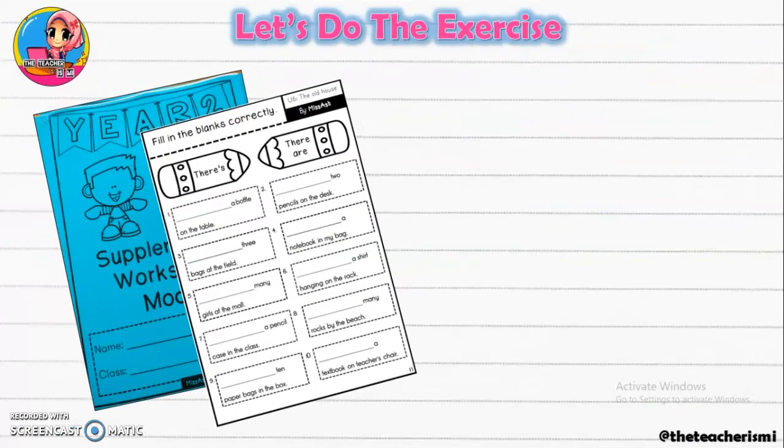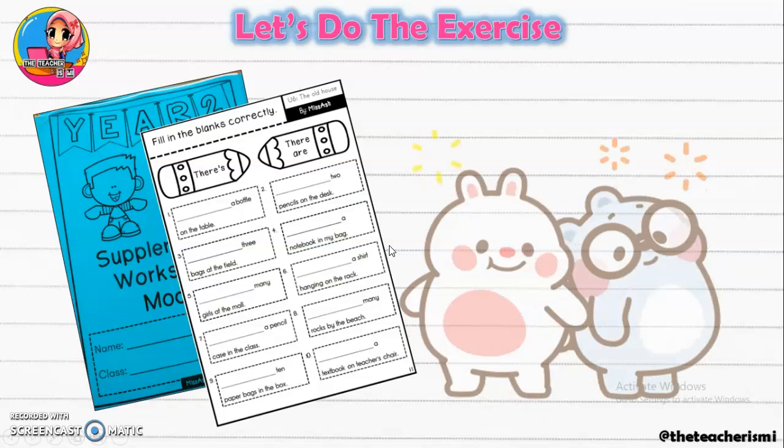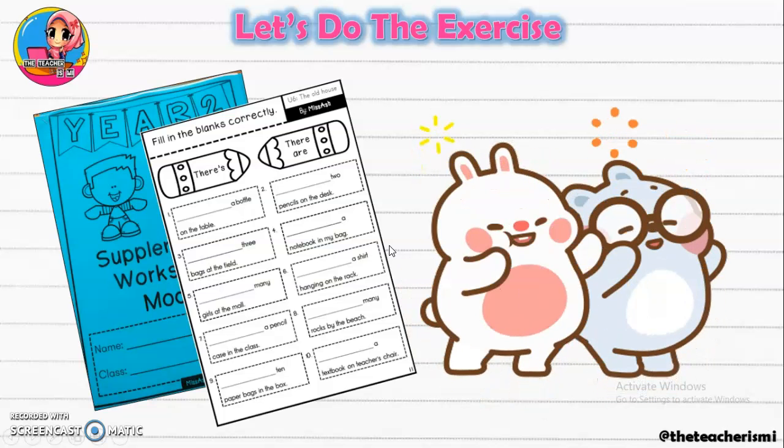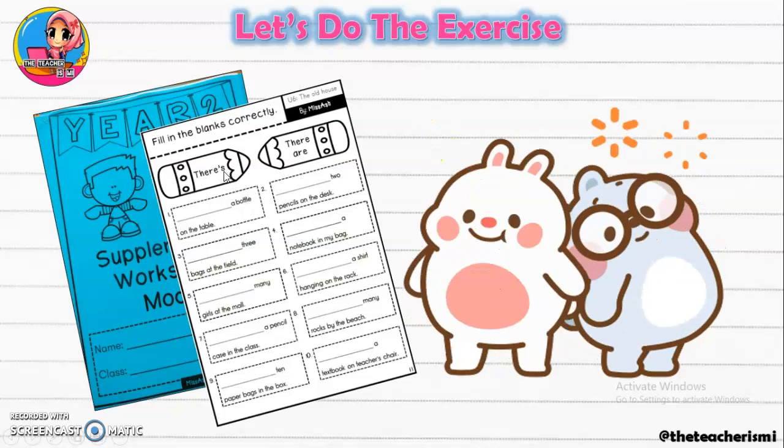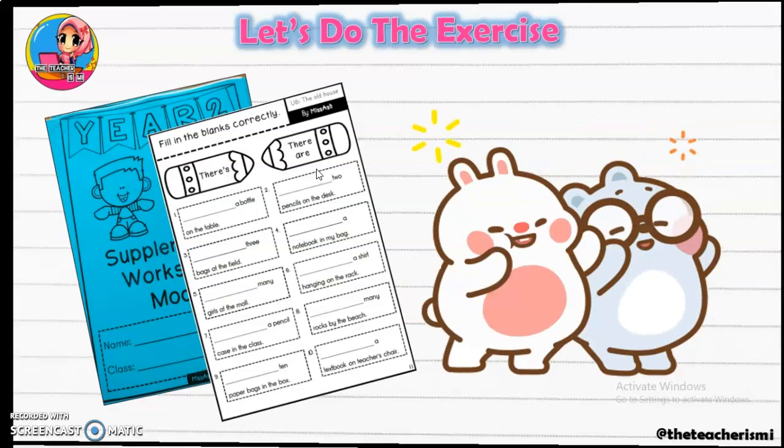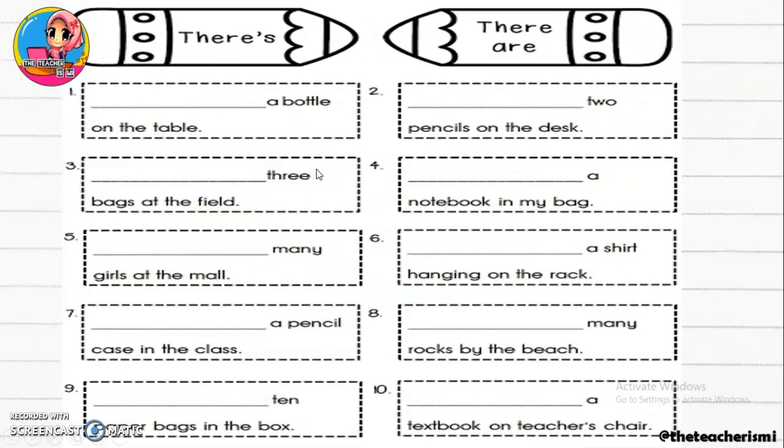let's do the exercise. Okay, in the module that me and Teacher Sheila gave to you, you can refer to this page, the second page, I think. Okay, fill in the blanks. Okay, I hope you will answer them correctly. It's easy, just put there's and there are. So before you start writing your answer, I will explain a bit about the word in the sentences given.